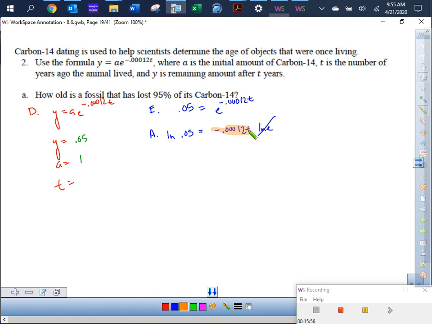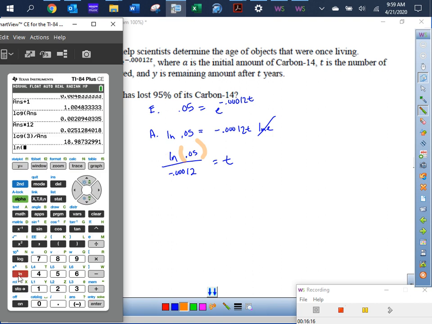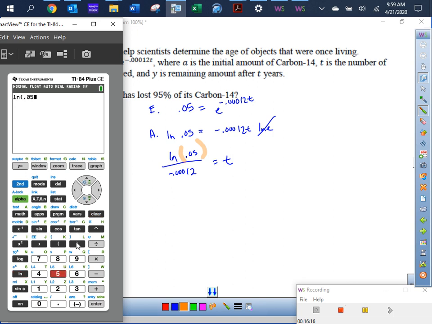And to solve for t, there's a times negative nasty, so we're going to divide both sides by negative 0.123112. So natural log of 0.05, make sure you close up the parentheses, divided by negative 0.123112.